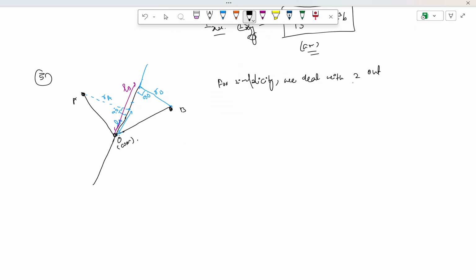Now these two masses sitting at point A and point B are tied to this main central axis by this solid black line, tied by some strings, right? And O is the center of mass.